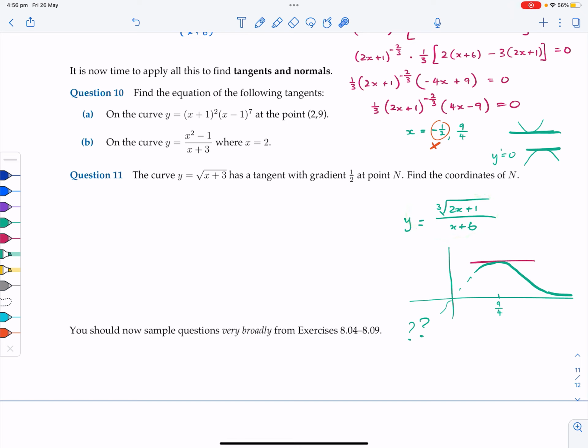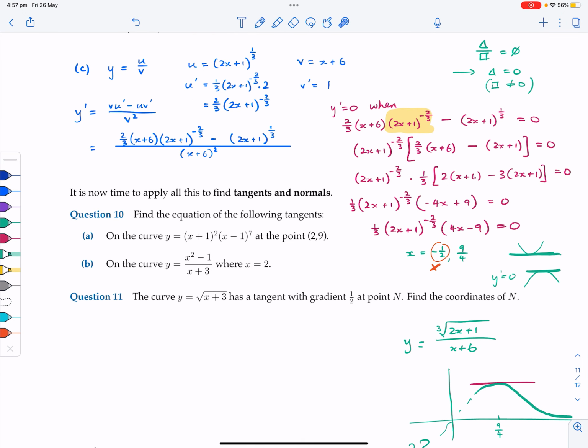Well, I'd need to do more analysis, but it's probably here at whatever that y value is, okay? 9 over 4 comma something, and that something's easy to find. So yeah, more analysis required, but this is just showing you, even though it was heavy algebra, the value of being able to solve y dash equals 0. All right, clear all this up.